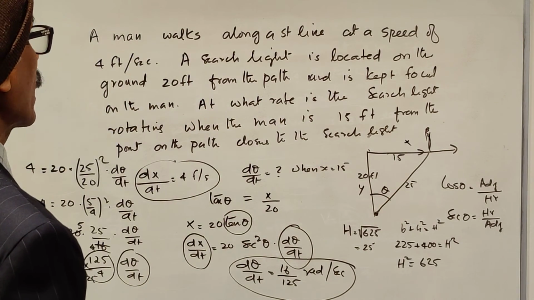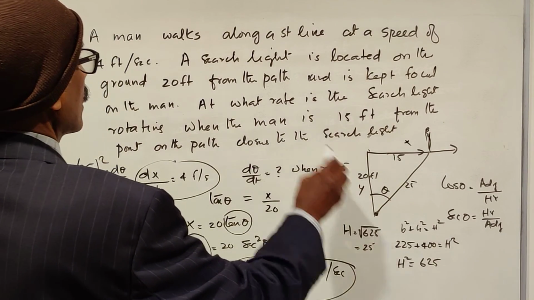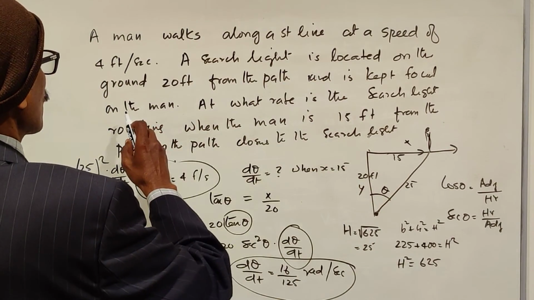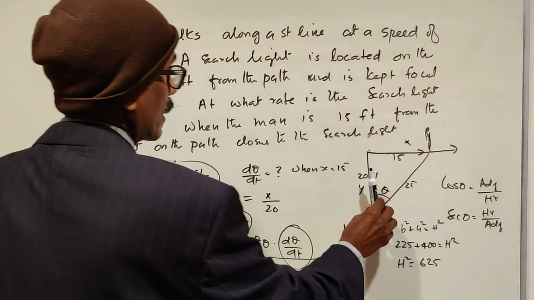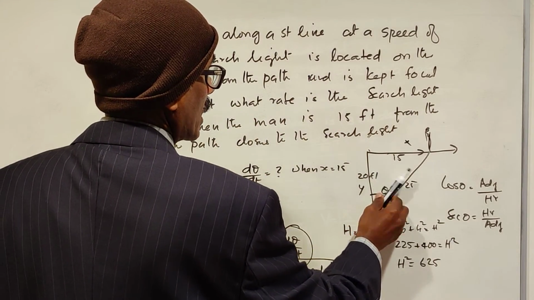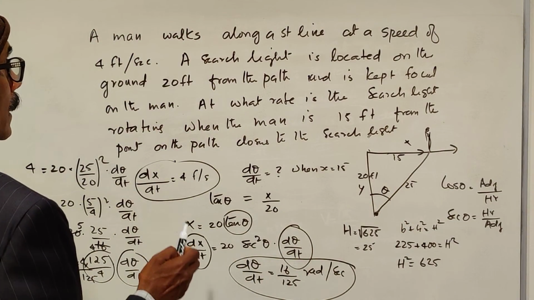A searchlight is located on the ground 20 feet away from the path and is kept focused on the man. Wherever he goes, the light follows him. At what rate is the searchlight rotating? We are going to find the rotating speed, that is the angular velocity, d theta by dt.